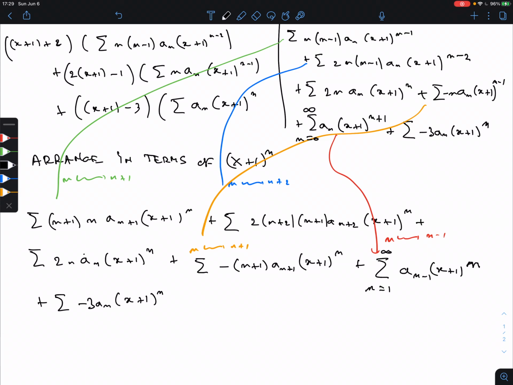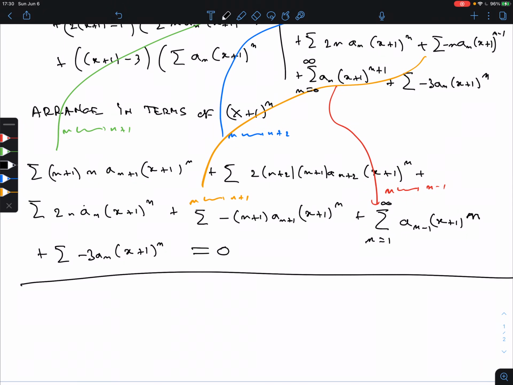The problem is then I cannot combine this with the other ones because there is no zeroth, no constant term, right? That's what is missing, the constant term. And remember, this is all equal to 0. So we have to treat n equals 0 separately. The coefficient of n equals 0 in here.